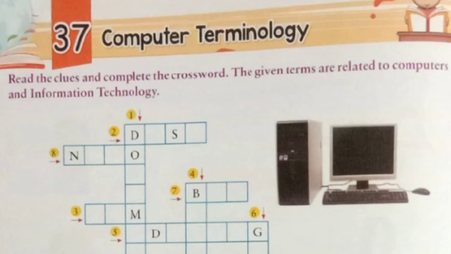So scholars, now we have reached to our exercise 37, that is computer terminology. Here we have to read the clues and complete the crossword. The given terms are related to computers and information technology. So without wasting the time, let's start with our clue number 1.